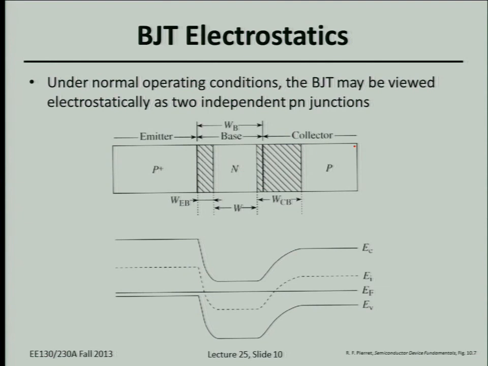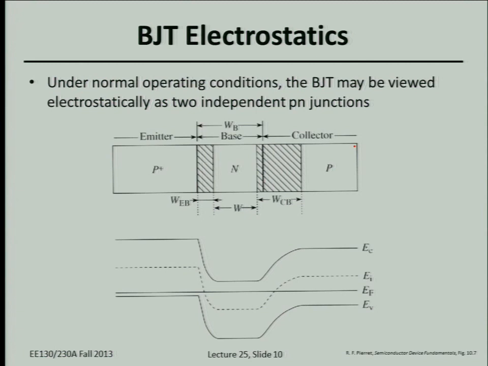We have a PNP structure. Remember I mentioned the main thing is you should keep track of the total potential barrier heights to tell if a junction is forward biased or reverse biased. Let's start with equilibrium. In equilibrium there's no voltage applied anywhere, so a single Fermi level.